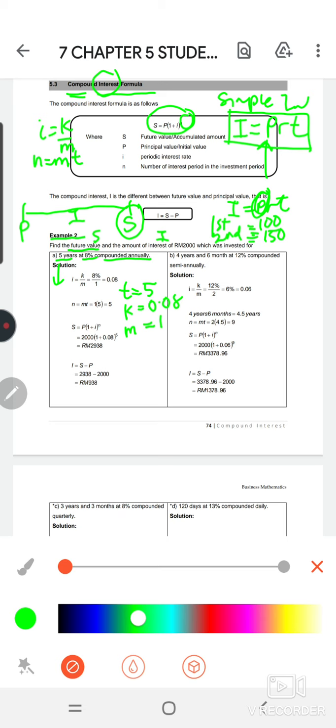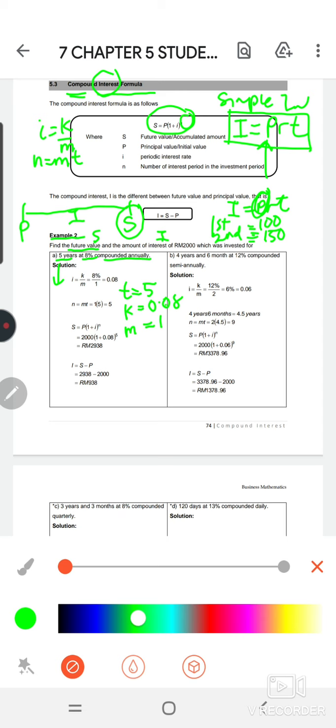Okay, so first you need to find i equals k over m. So k is 0.08 or 8%, divided by m equals 1. So you get i equals 0.08. And then the formula for n is m multiplied by t. So m is 1 multiplied by t, 5 years.